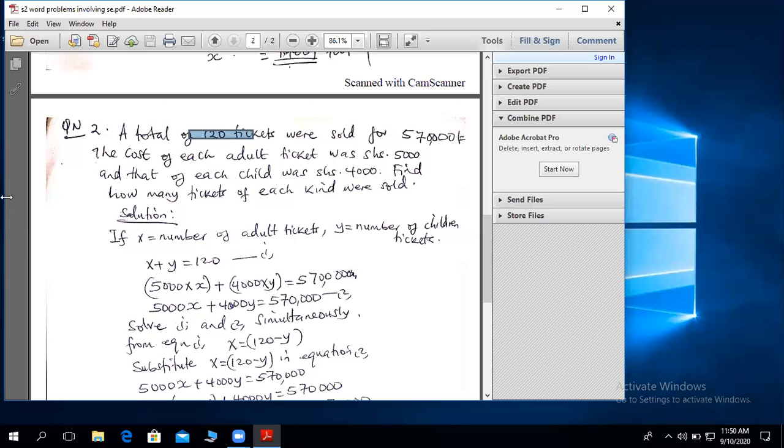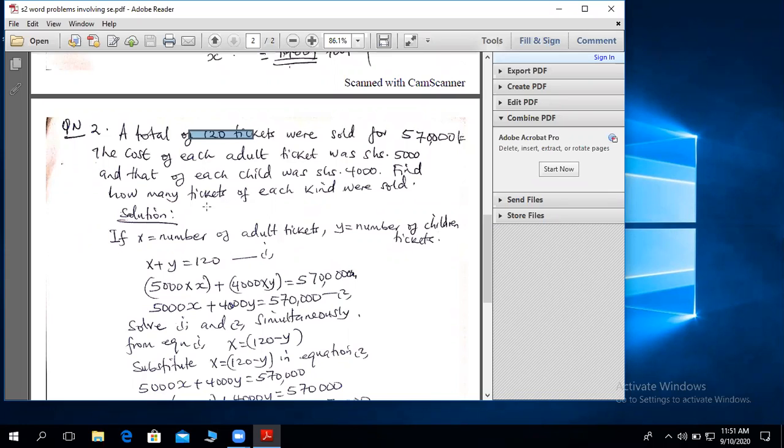So a bright student like you should begin by saying, let X be the number of adult tickets and Y is the number of children tickets. Now, what does that mean? A total of 120 tickets.